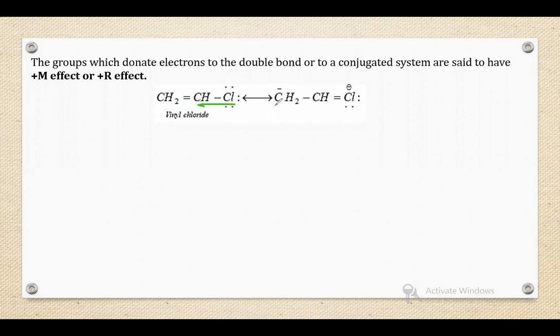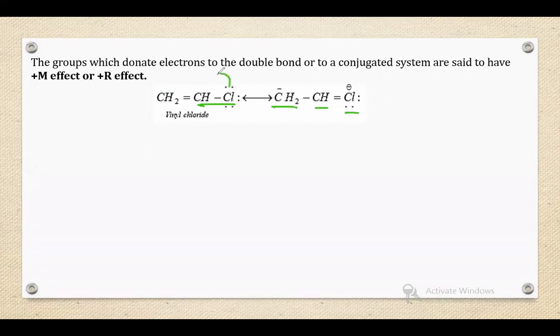If chlorine attaches to the carbon of this group instead, it is called allyl chloride. So vinyl chloride is CH2 double bond CHCl: CH2, CH and this Cl.